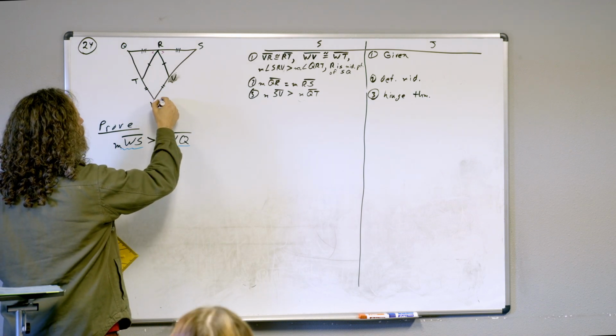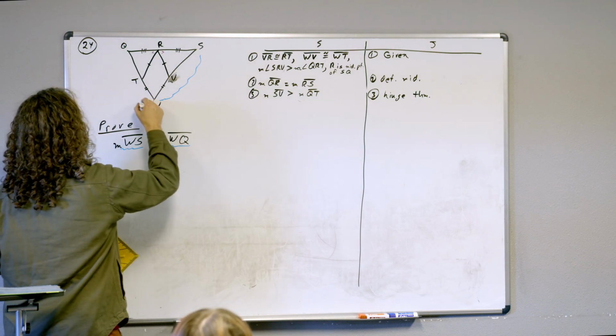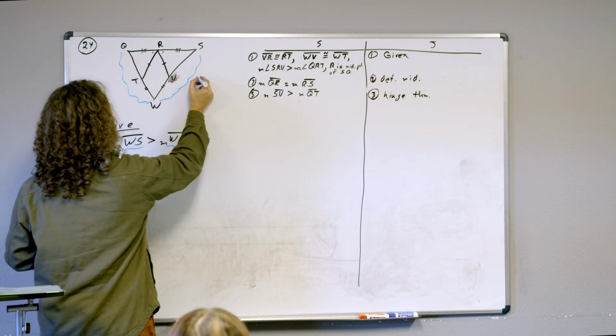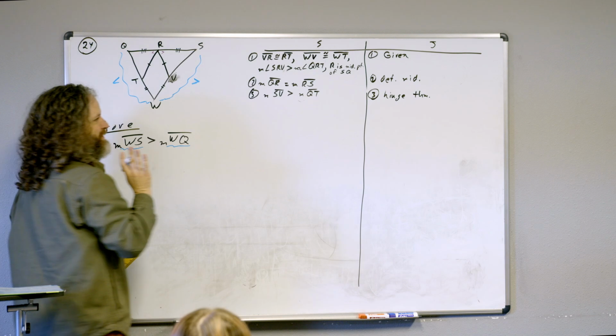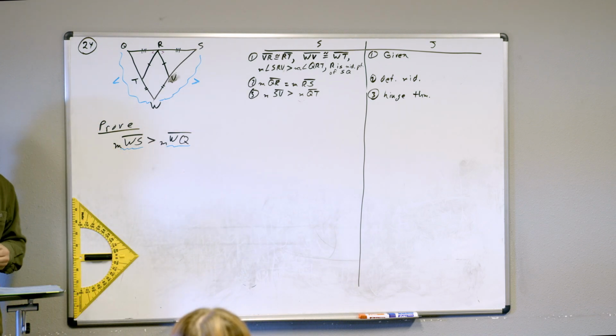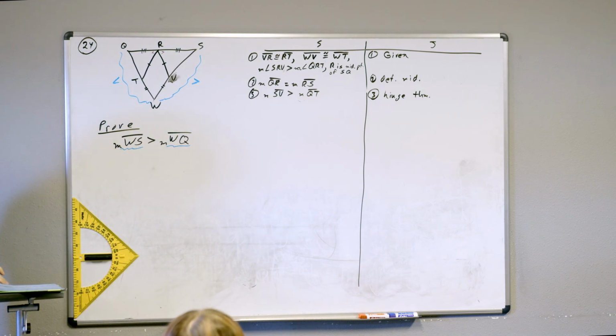WS, okay, so this one and that one, and this one should be greater than this one. Those are not official marks, but we understand what I'm trying to say in my notating to ourselves. So we're trying to get to the big boy.